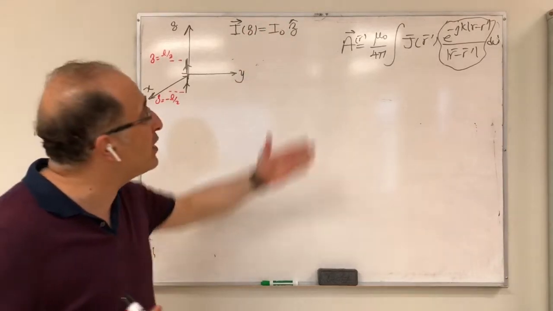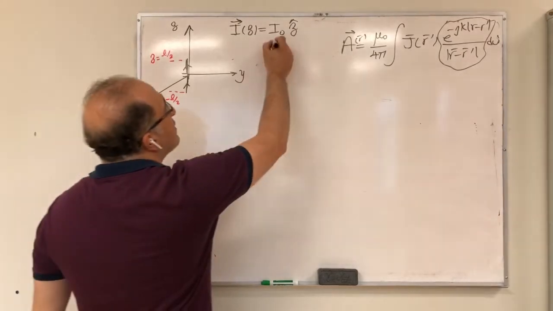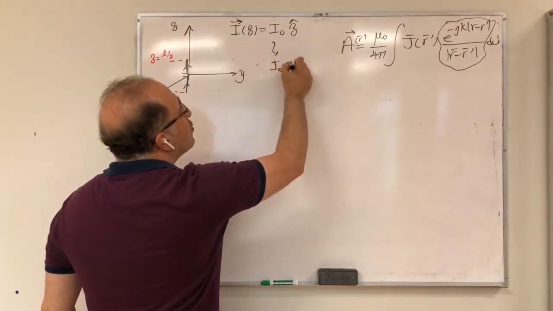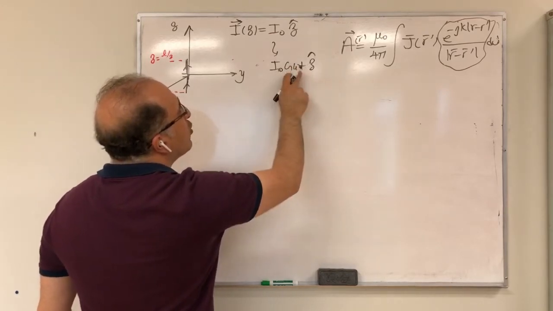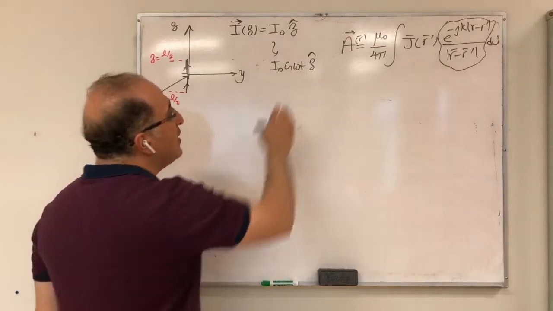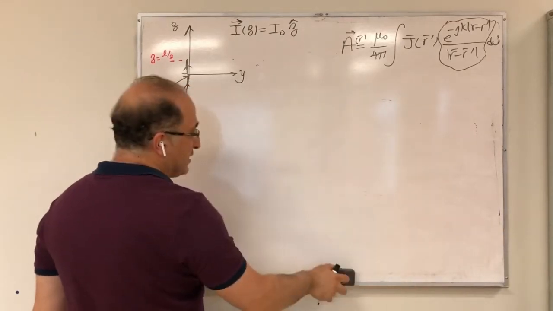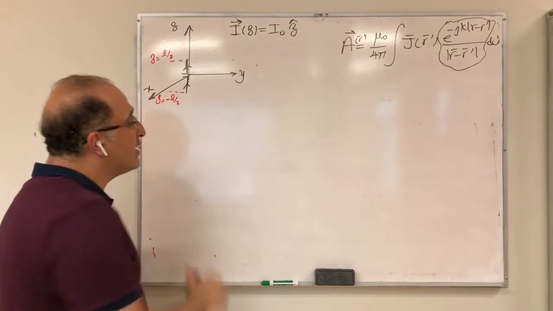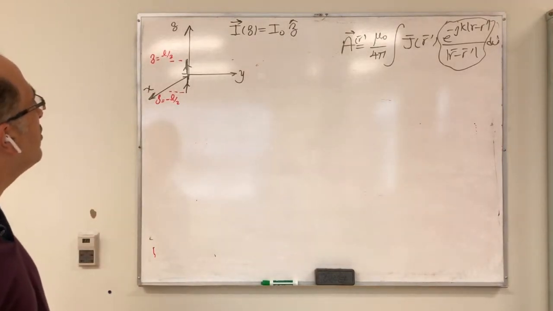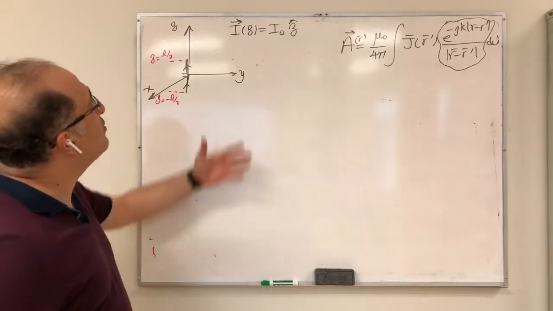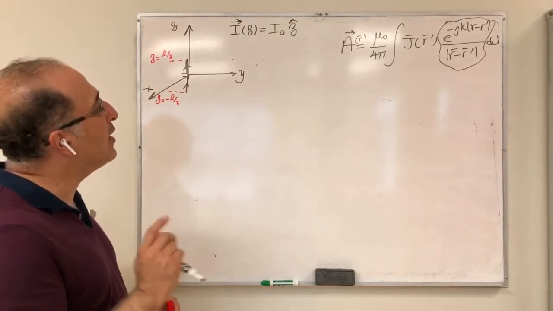Because again, you're looking at the phasor. If you convert that to time, then you get I naught cos ωt, assuming that I naught is real, z hat. Now, cos ωt can change sign, therefore it could be minus z hat too. So that's my phasor. The calculation is in phasor, that's why we have our z hat over there. So this is my current, and now I need to perform my calculation.